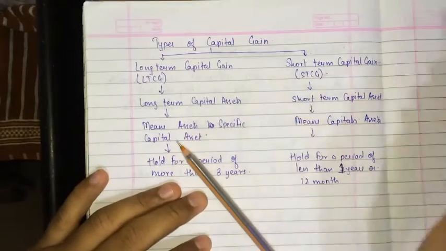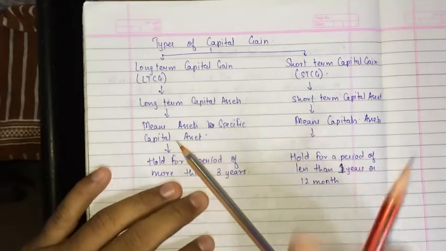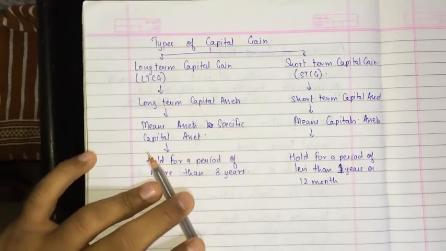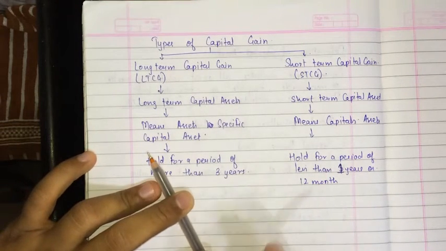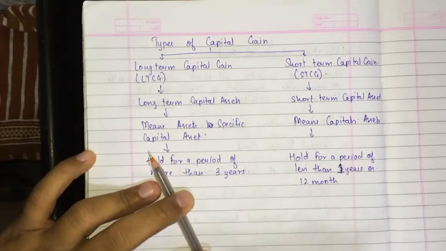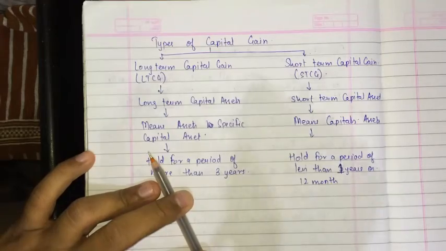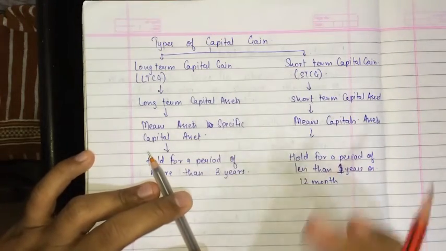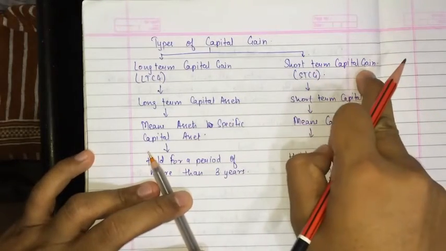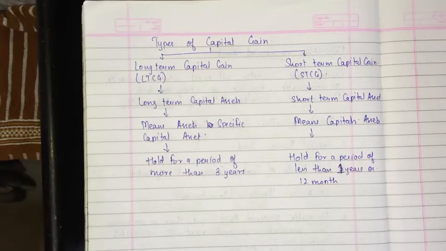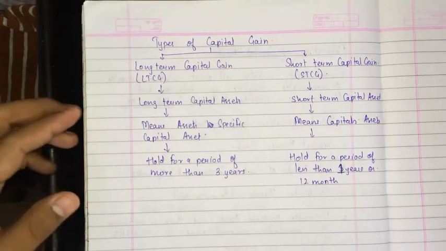Short-term capital gain: a capital asset which is held for a short period of time, say less than 1 year, or equal to 12 months, and after that the asset is sold and the gain earned from that selling is known as short-term capital gain. Please copy it down. I hope you have copied.